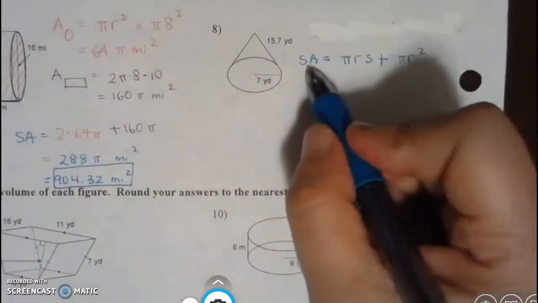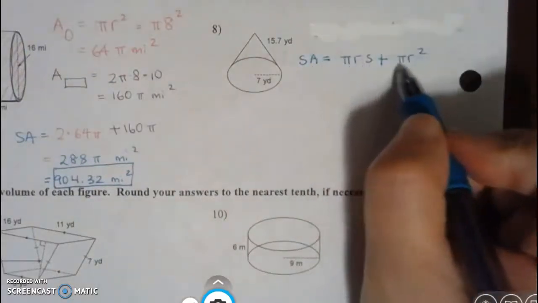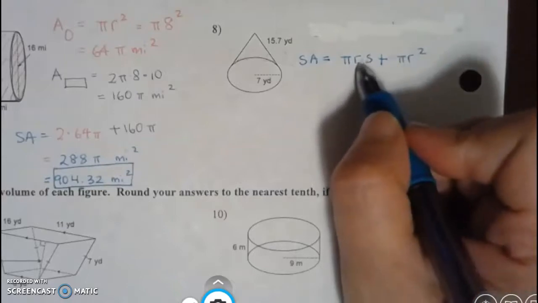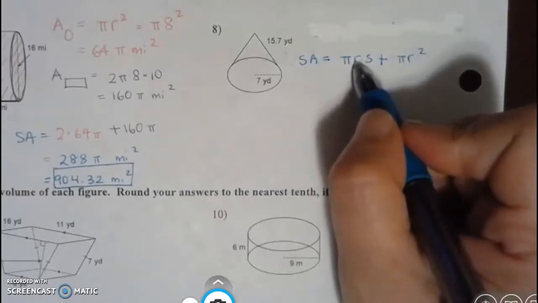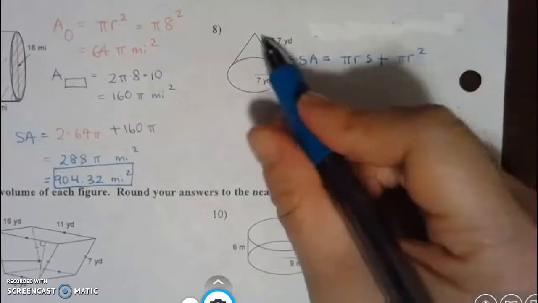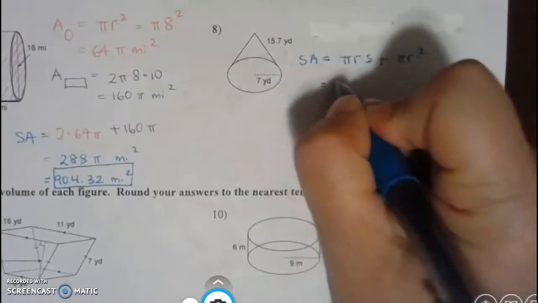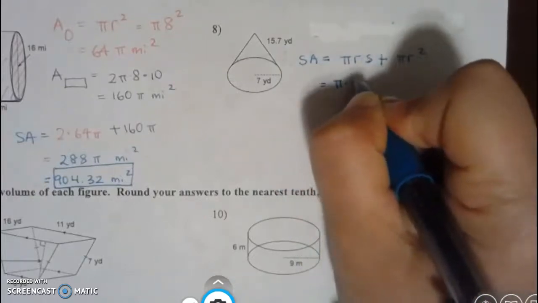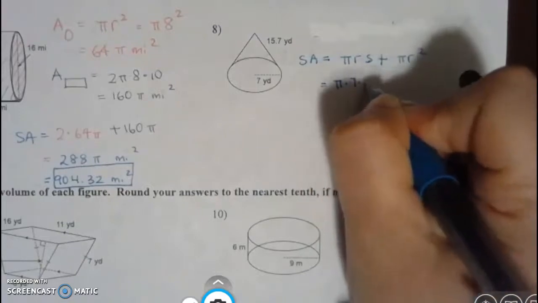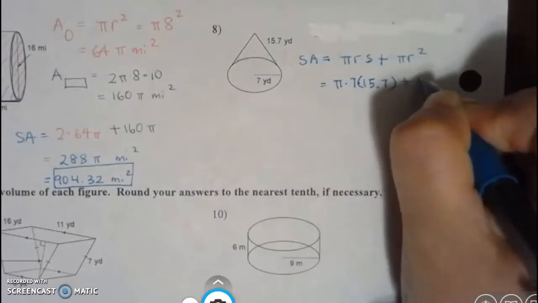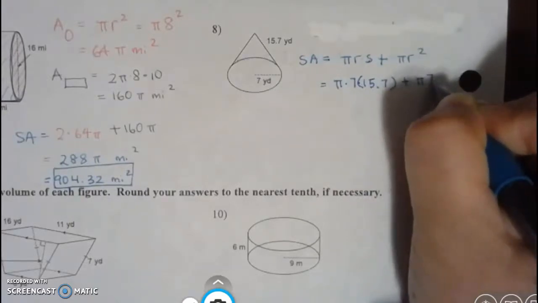Okay, so then what about the next one, the cone? The surface area of the cone is pi r s plus pi r squared, where r is the radius, s is the slant height. So that's going to be pi times radius 7 times slant height 15.7 plus pi times r, 7 squared.